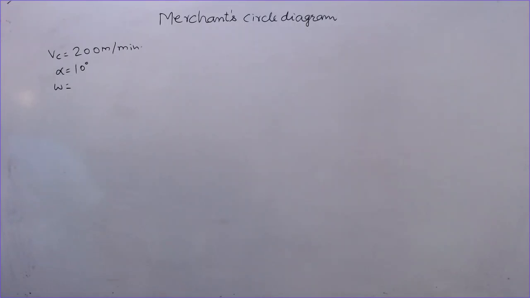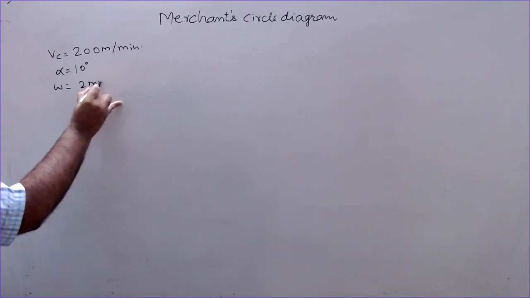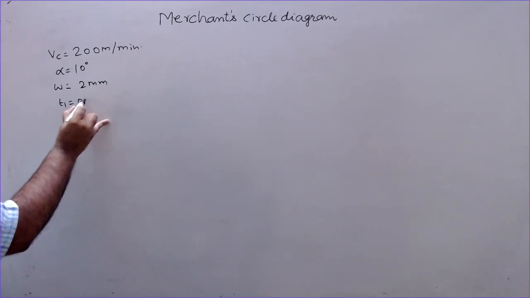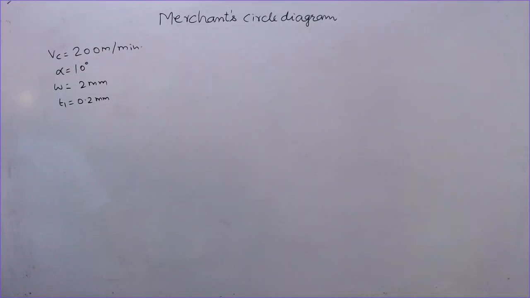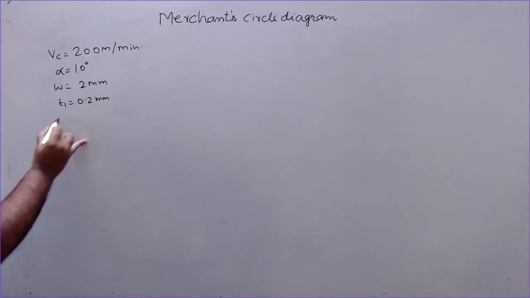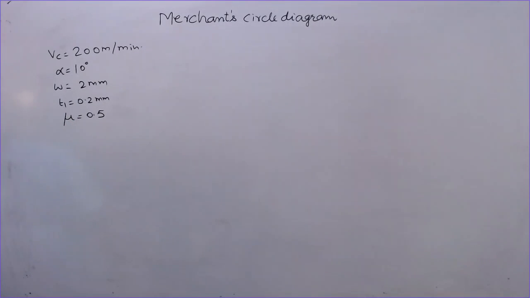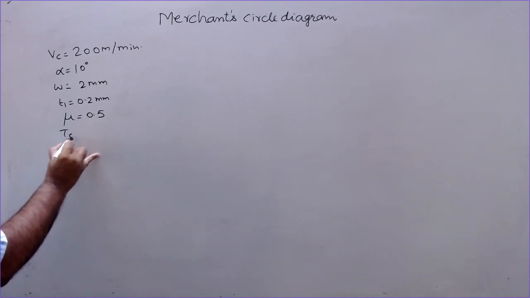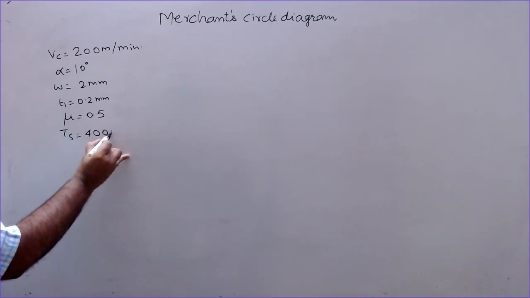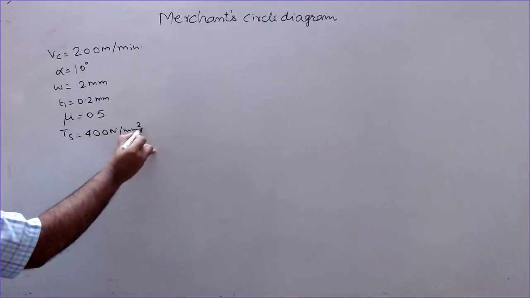W is the width of cut. So this is equal to 2 mm, uncut thickness 0.2 mm. Average value of coefficient of friction is 0.5 and shear stress of the work material is 400 Newton per mm square.